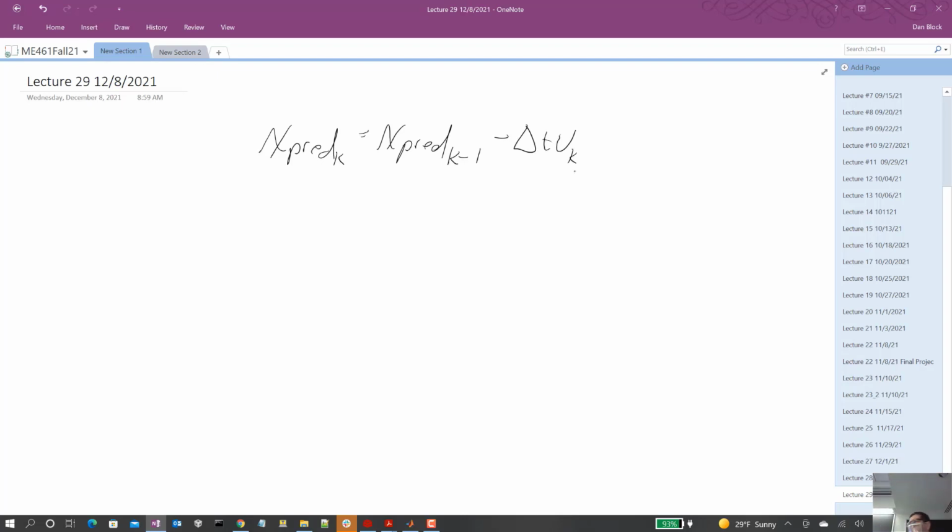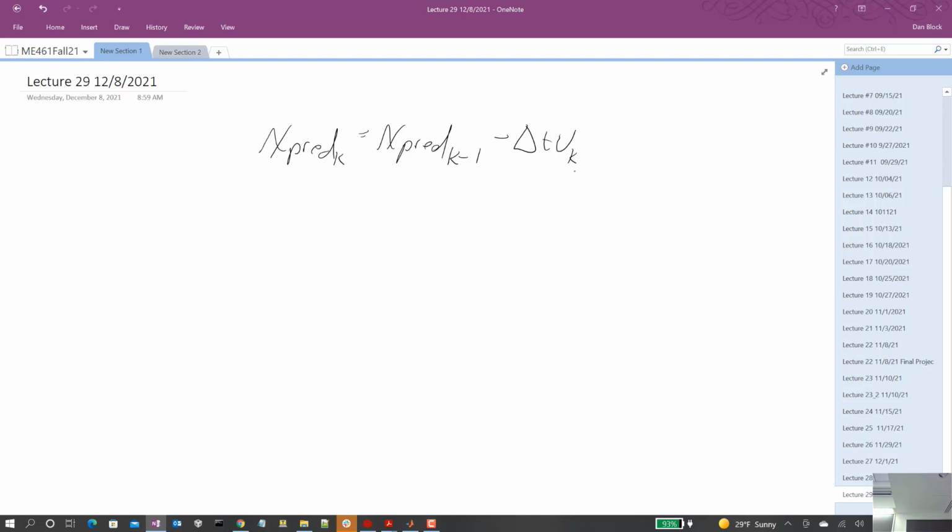So we're doing a very simple integration there, like the backward rule or forward rule, I don't know. We're just taking one velocity, multiplying it by time, and subtracting it from the prediction because we're always getting closer and closer to the wall, right? That's our prediction step in this little example.